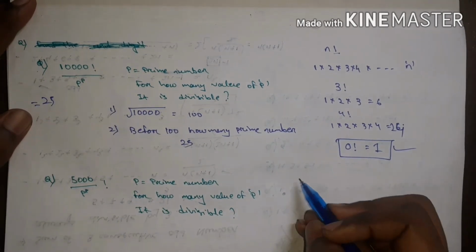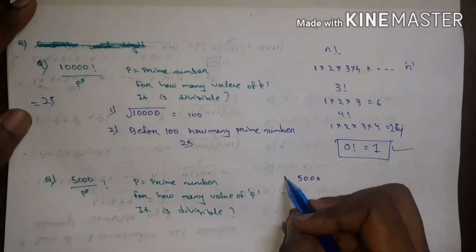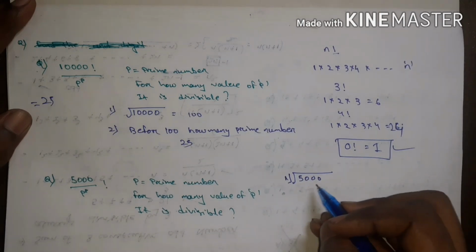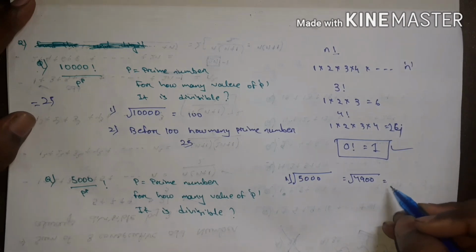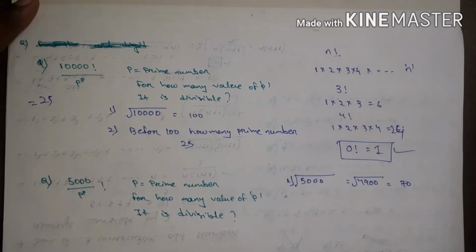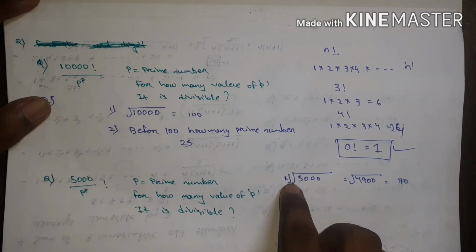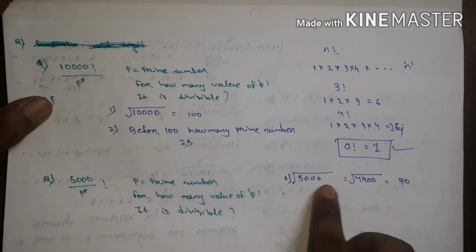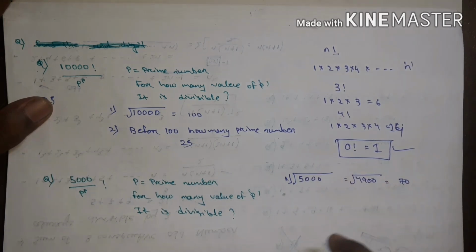Then here, 5,000. What is the first process? Root over 5,000. It is not a perfect square, but near it is a perfect square. So I can say that it is nearly 70. You have to calculate the nearest perfect square. The near perfect square is 4,900, then its square root is 70.